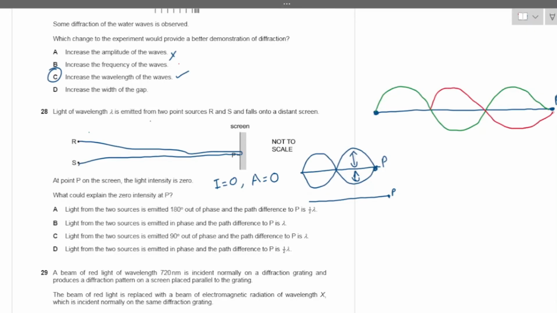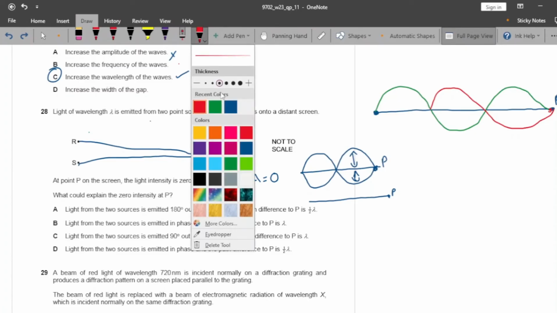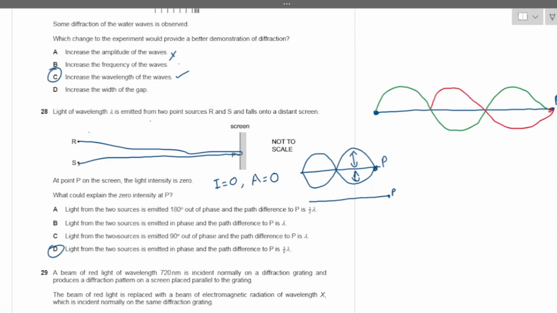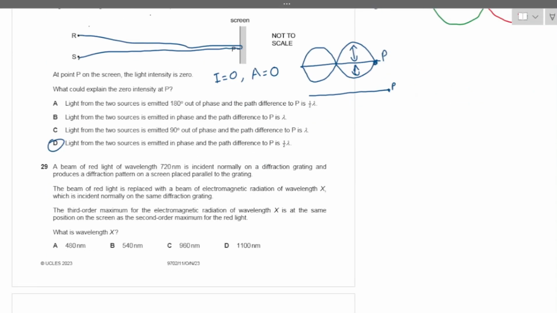And you can see that again at point P, they approach in such a way that the amplitudes cancel out. The amplitudes are equal and opposite. They're completely anti-phase in this case. And therefore, option D is your most reliable option here. Option D is what gives us the complete destructive interference. So option D is correct.